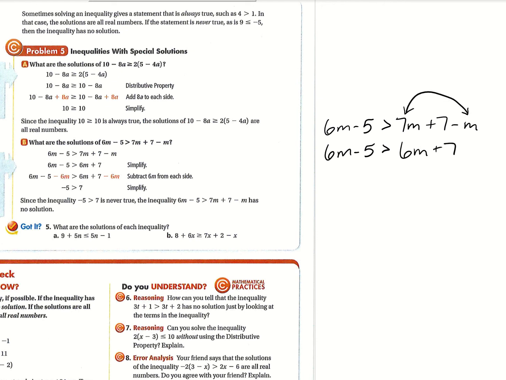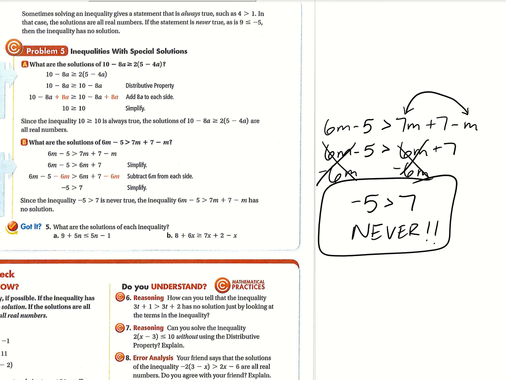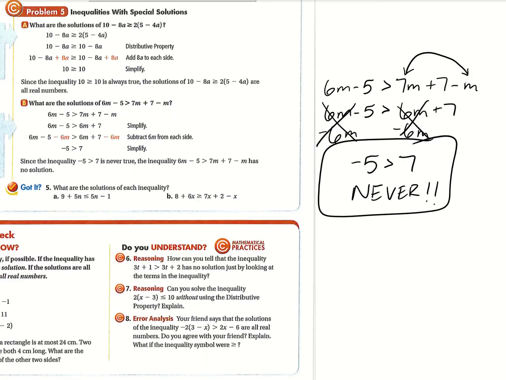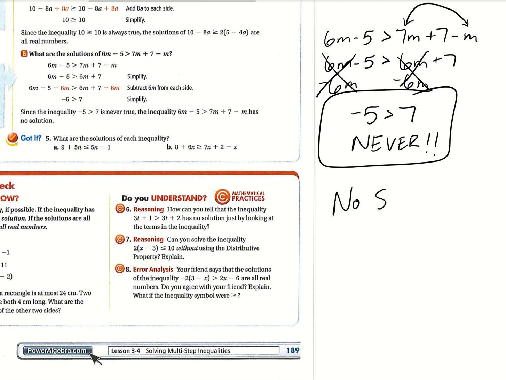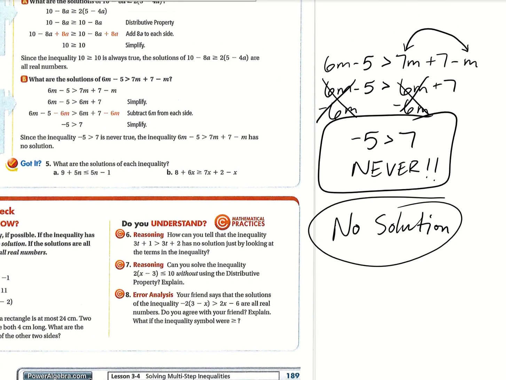And then we are left with, if we subtract 6m from both sides, it's going to end up canceling from both sides. So now we have negative 5 is greater than 7. All right, this is never true. So for this one, we would have no solution, right? Because there is no number m where we can make negative 5 greater than 7.